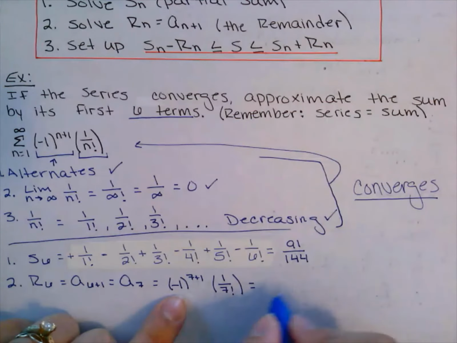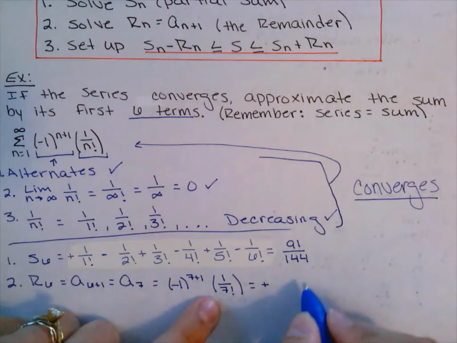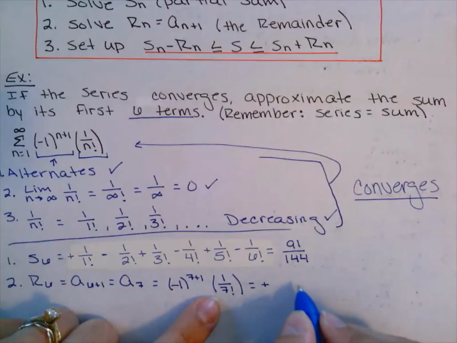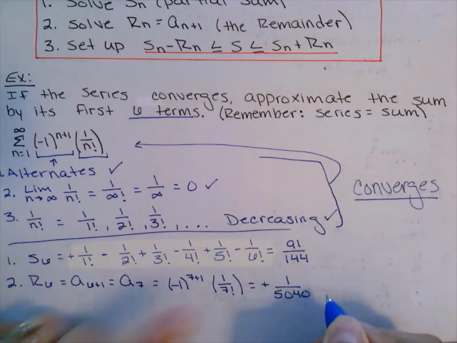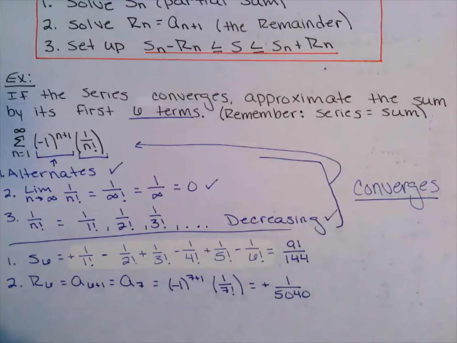That's an even number, so this will be a positive. I'll put a little plus sign here so we don't forget. And then 1 over 7 factorial you can also put on your calculator, and that gives you 1 over 5,040.